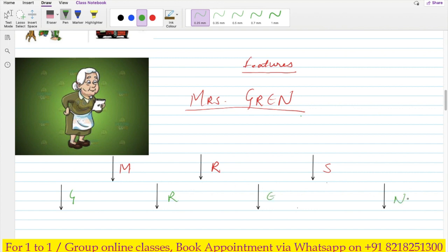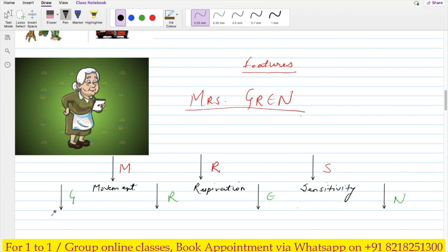GREN. So what does this M stand for? Here, M stands for movement. Sorry, kindly bear with my handwriting. I know it's pathetic, but hopefully you'll understand. R stands for respiration. Please don't get worried about seeing these strange terms. They are very easy if you understand the meaning. S stands for sensitivity.